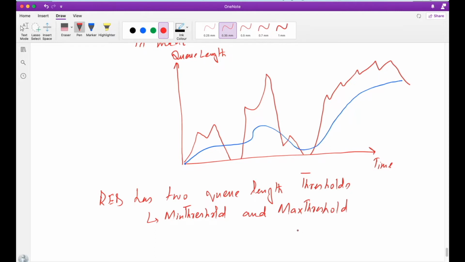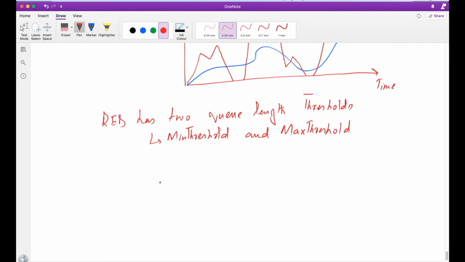Let's try to understand this with the help of this queue diagram. So let's assume that is a queue that is being maintained by RED.